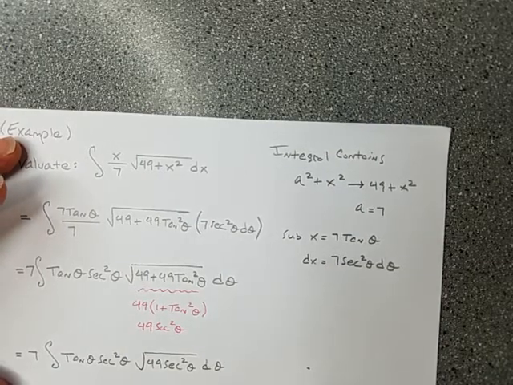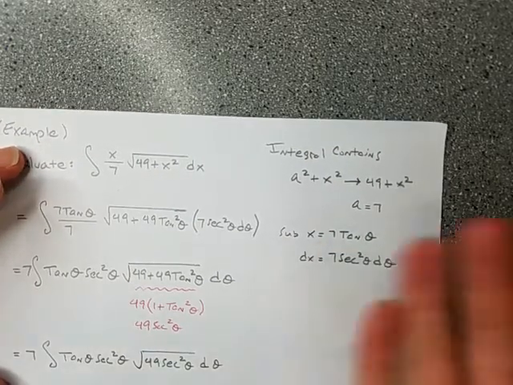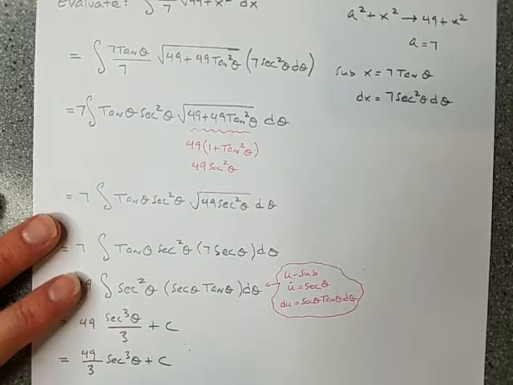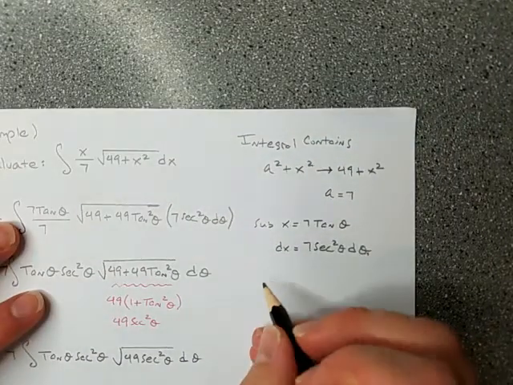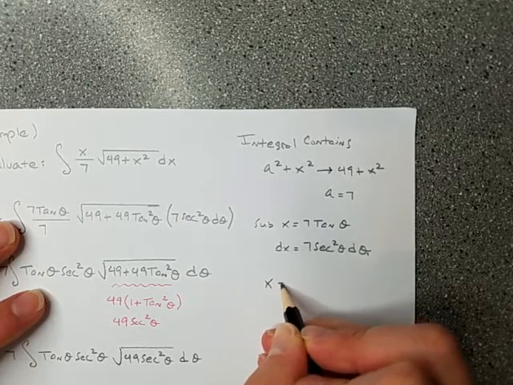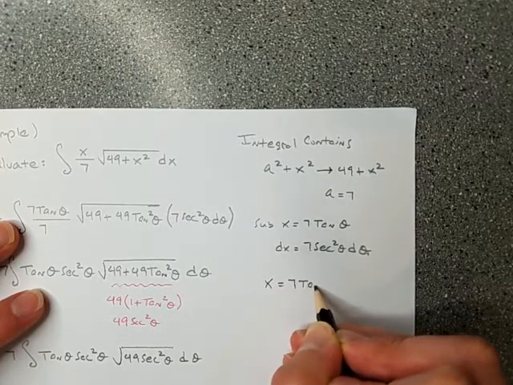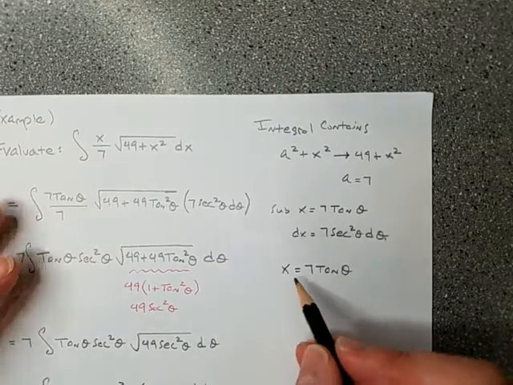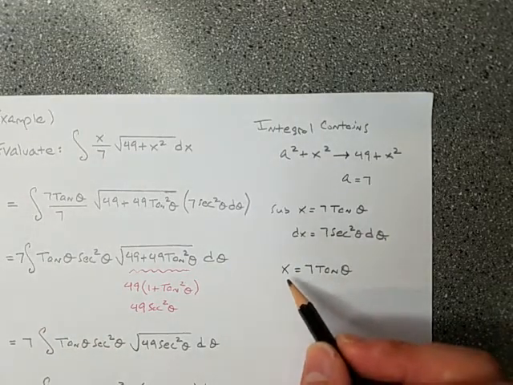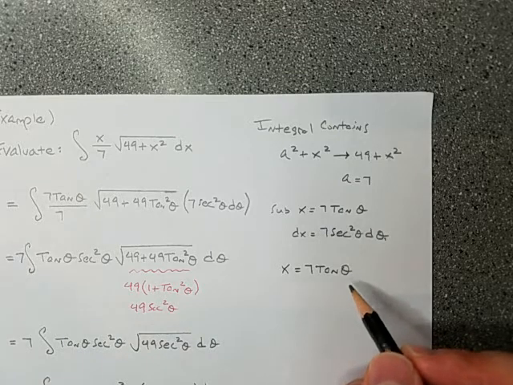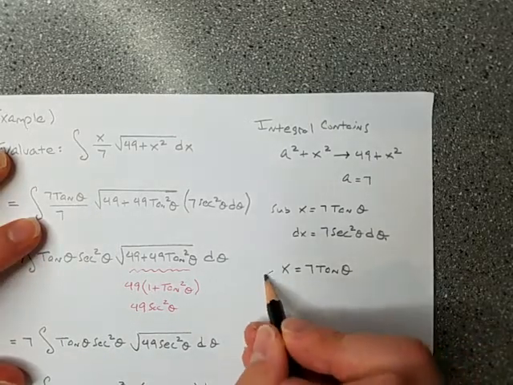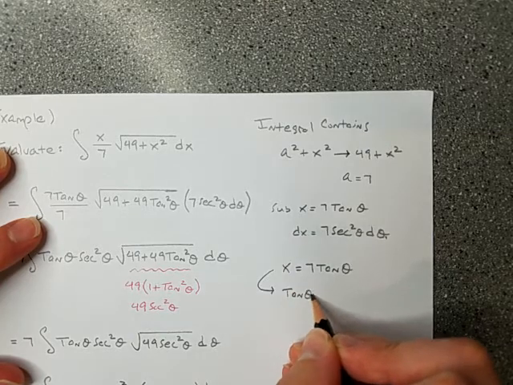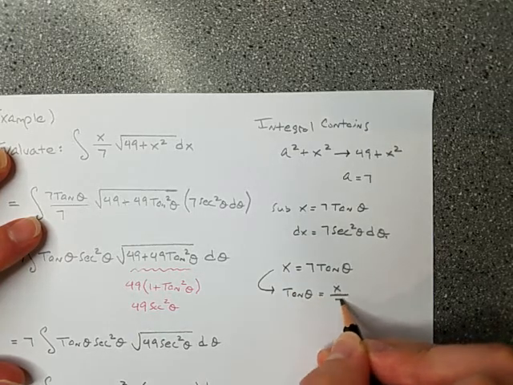Okay? So let's take this and analyze it the same way, and we're going to use the triangle like the last problem. All right? So let's say this. If x is equal to 7 tangent theta, for me to explore the link between the variable x and the variable theta, then I could say that tangent of theta was x divided by 7.